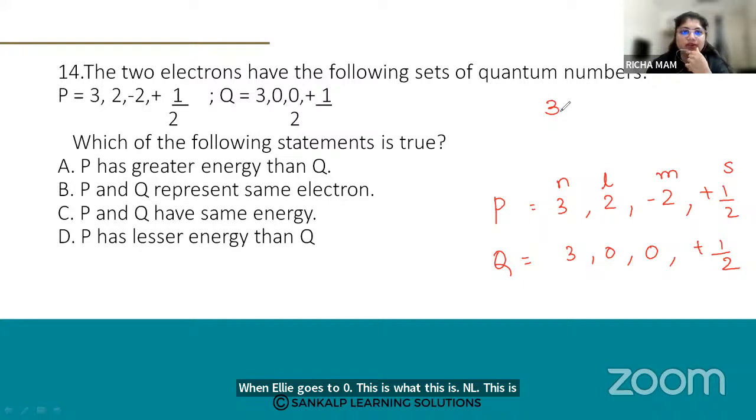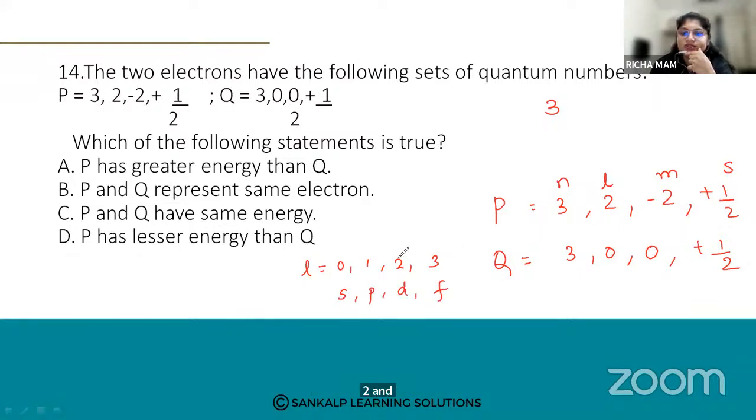Let us find out which are the two electrons. L equals 0, 1, 2 and 3 correspond to s, p, d and f. So L equals 2 means it is d. So 3d. So the first orbital is 3d. From the first two values only we can understand. Now, P is 3d.